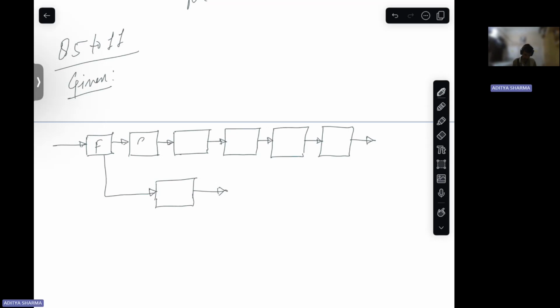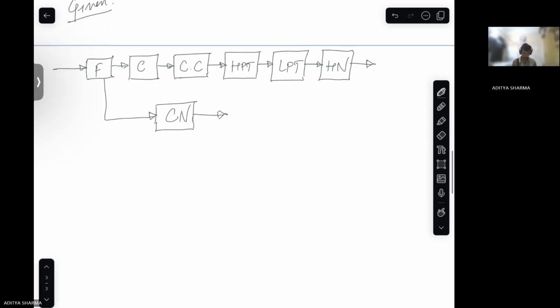After fan, you have compressor. After compressor, you have combustion chamber. After combustion chamber, you have high pressure turbine. After that, you have low pressure turbine. After that, you have hot nozzle. Here we have cold nozzle. Cold nozzle and hot nozzle are clear to us, I have just discussed it.